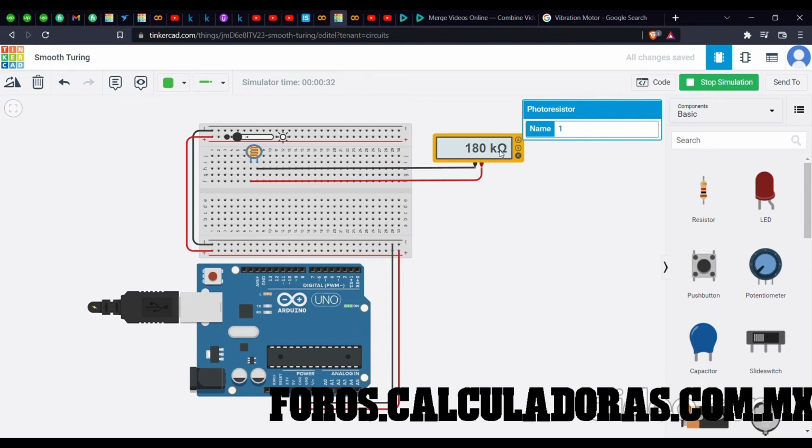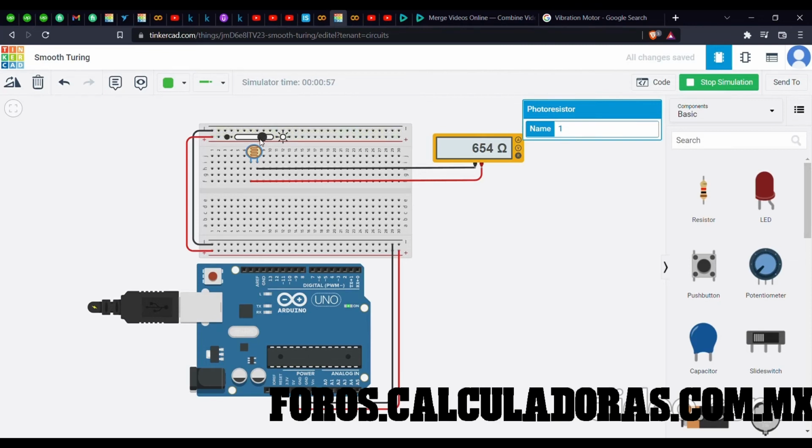So let's say I increase it to 25%. You can see the resistance is decreasing. Now I have emitted 25% of my maximum light on it. Let me emit 50% light now, 912. Let me emit 75% light now, 654.